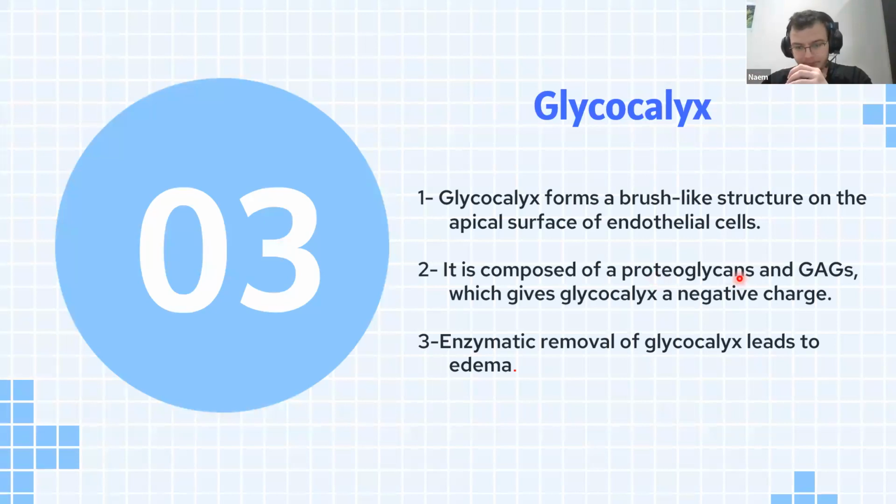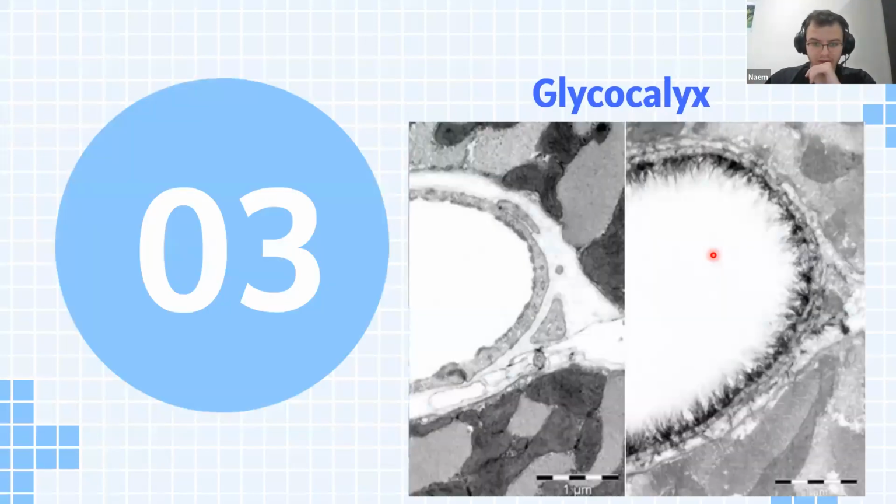Same concept. Now, we have some enzymes in the body and some diseases that will lead to the removal of the glycocalyx. This layer will get removed. Like in this case, you see, we don't have glycocalyx. What will happen? Some of the proteins will leak to the outside, right? And as you see here, we have so much fluid outside the basement membrane. You look here, so much fluid.